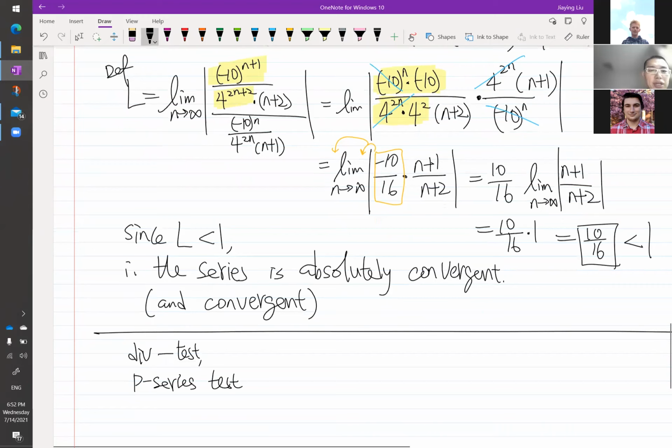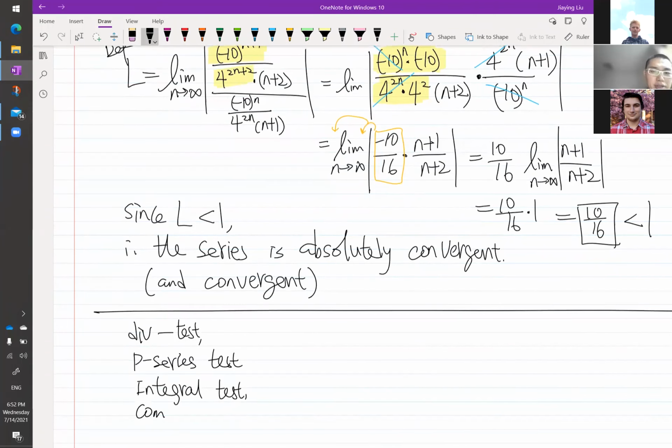You also have the integral test and the comparison test, the two of them. You can use those tests to decide, so you don't have to worry about the ratio test or the alternating series test. But those are the ones that you can try.